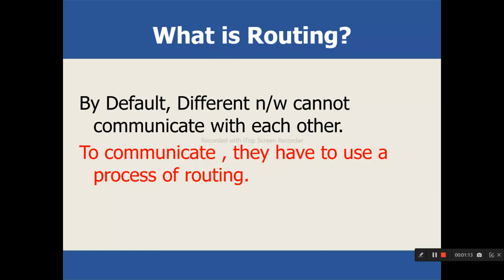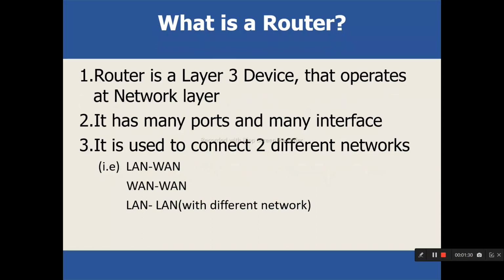To communicate between two different networks, we have to use a router to route the packet from source to destination. By default, different networks cannot communicate with each other. If you want to communicate, they have to use the process of routing. Routing can be done by a router.